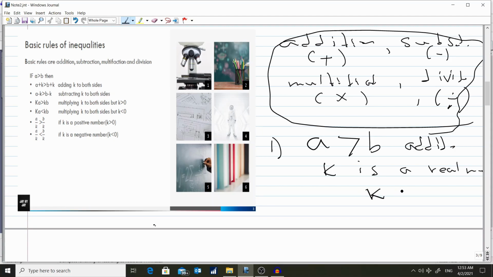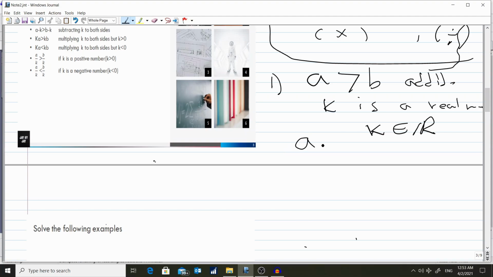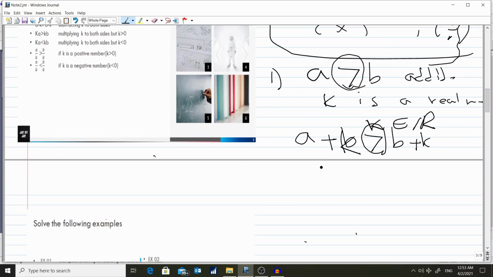In that case, if we add this particular k value to both sides, the direction of this inequality expression will not change. This is the thing we should know.